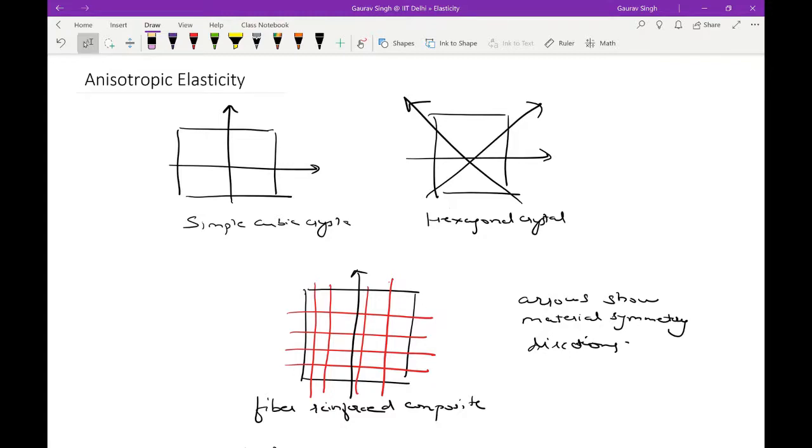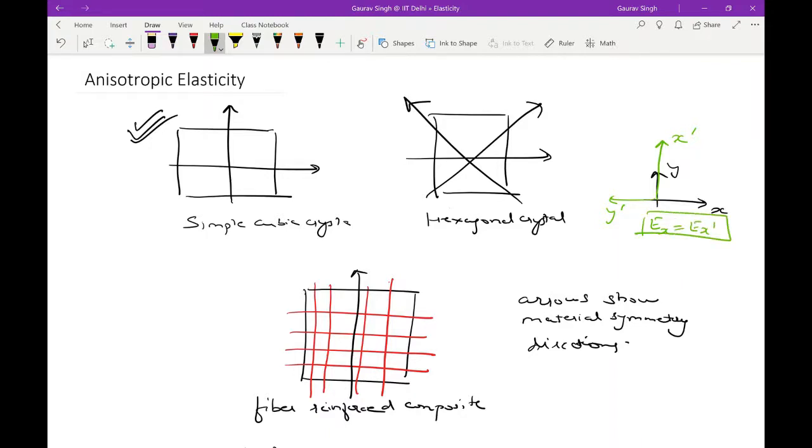What this means is that if you have a coordinate system like this, x and y, say for this material, simple cubic, the response along the x direction will be the same as the response along the y direction, meaning if you transform this coordinate system such that this is your x dash and this is your y dash, then the elastic response along x is the same as the elastic response along y.